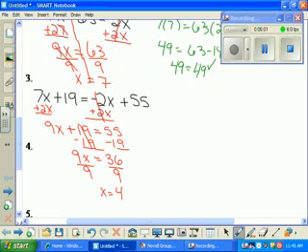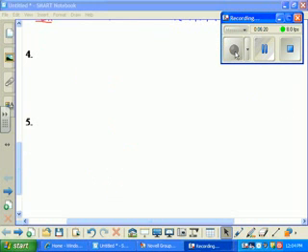And x equals? Last step? Check. I know you can't see. Give me a second. So you plug it in and check and see if it works.